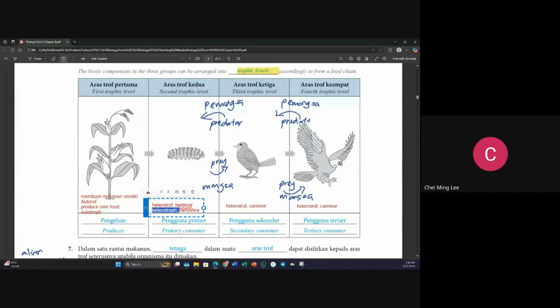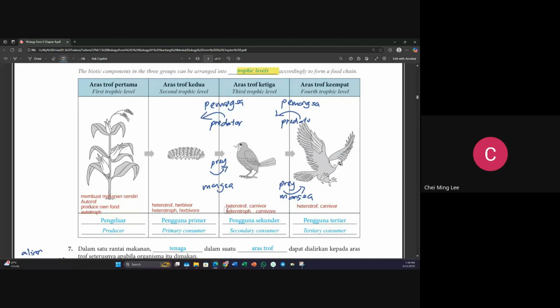Then the third trophic level is normally heterotroph and they are carnivores.